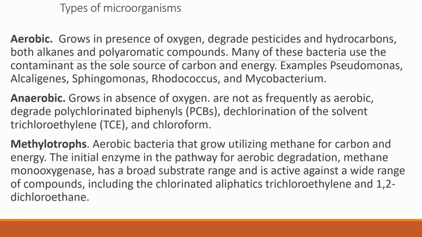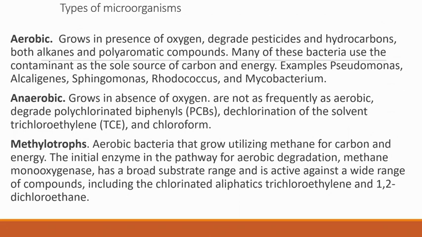Now, types of microorganisms. We have the aerobic organisms, the ones that grow in the presence of oxygen. They have high demands of oxygen. We have the anaerobic, the ones that grow in the absence of oxygen, and thereby they can even use other electron acceptors, something like carbon monoxide, something like hydrogen sulfide, and so on and so forth.